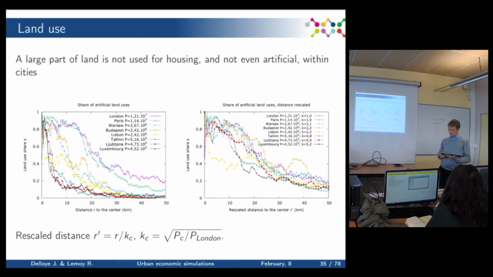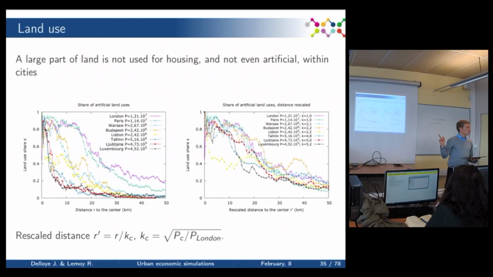So you have these two first curves, green and purple, for London and Paris, the two biggest cities in Europe, so the two biggest urban areas at least. So it's roughly 12 million inhabitants. And then you have three smaller ones, Warsaw, Budapest, and Lisbon, which have roughly 2.5 million inhabitants in their urban areas.